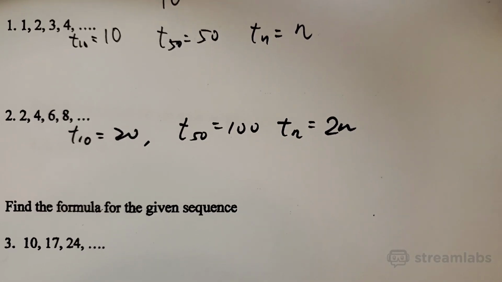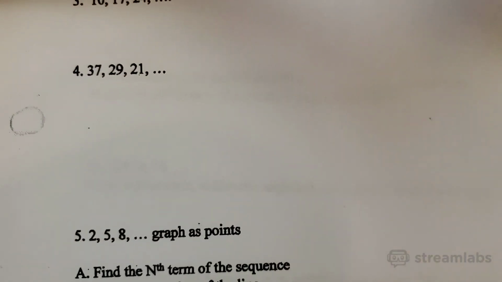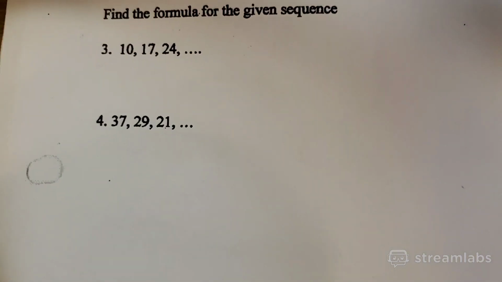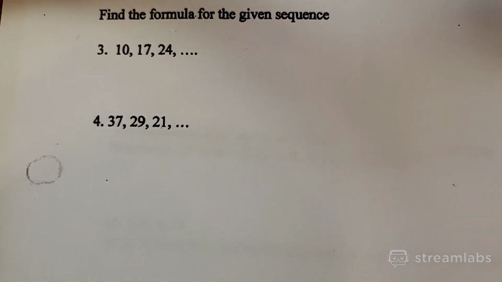All right. Then, finally, looking at these. Find the formula for the given sequence. So if you look at this, this is 10, 17, 24.